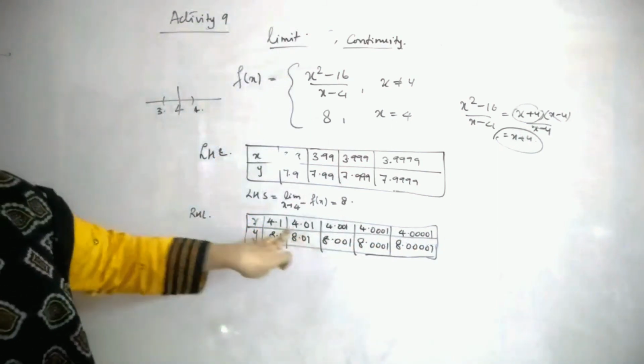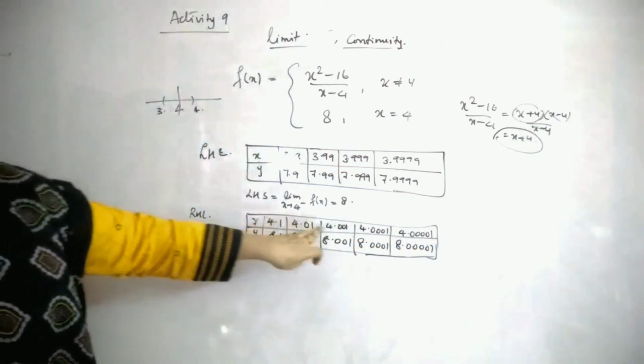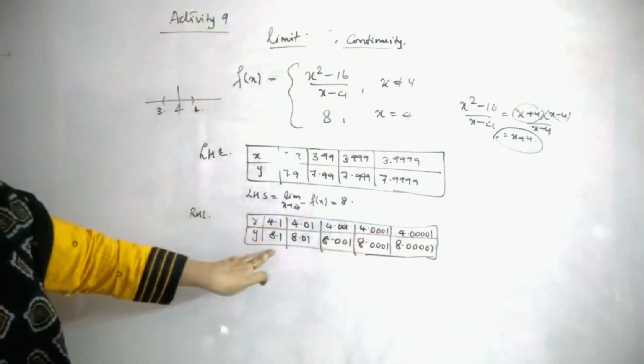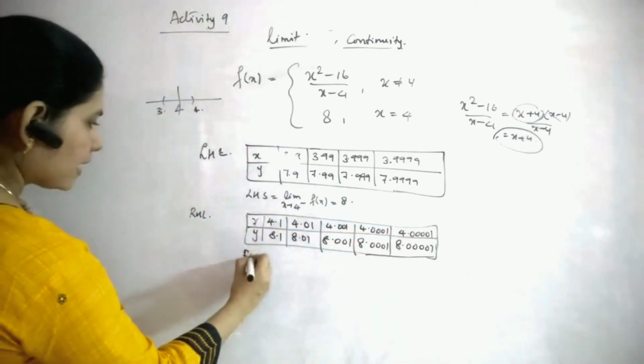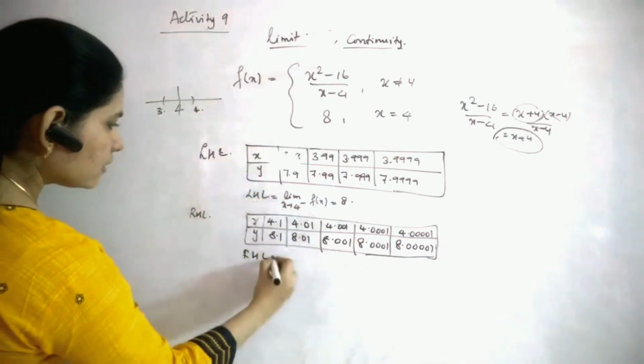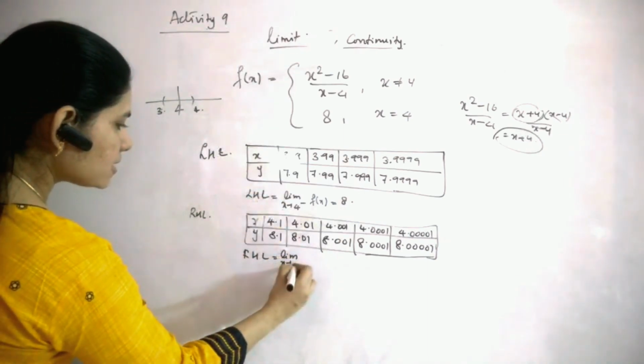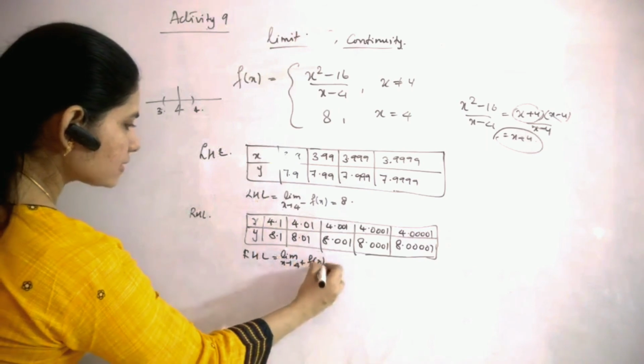You can see that as x becomes nearer to 4, the value of the function becomes nearer to 8. That is, the right hand limit, limit as x tends to 4 plus of f of x, is again 8.